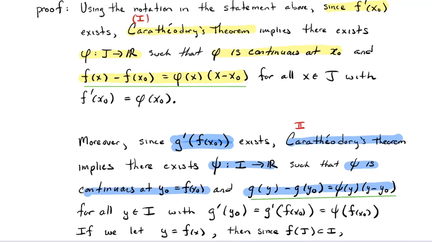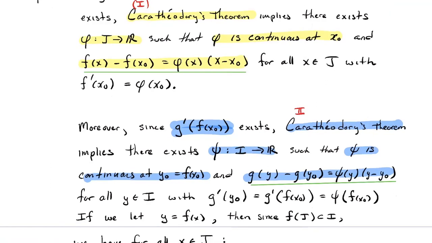That's true for every y in the interval that g is defined on. And moreover, we know that the derivative of g at f of x naught, that is g prime at y naught, is the function value psi at y naught, f of x naught. Okay, so there's our two applications of Theodore's theorem, one applied to the differentiable function f, one applied to the differentiable function g. Good.